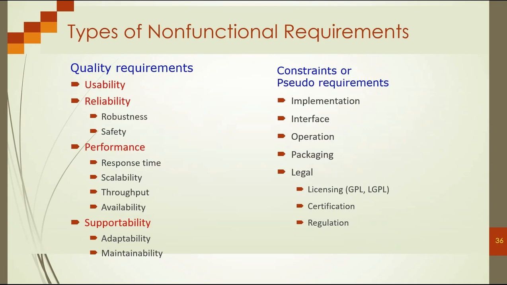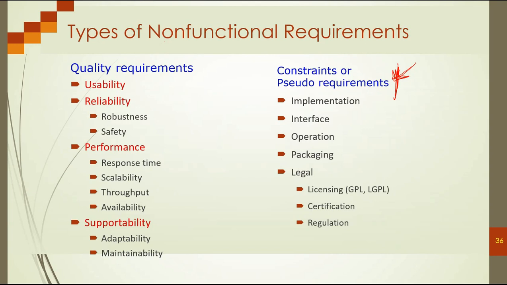We have here, guys, we can say a third type. We can consider it as non-function, but it's a third type in some references. Some references call it constraints, or constraint requirements. So we can consider it as non-function, or some references put it as a different requirement, which is the constraint requirement. This is the implementation.